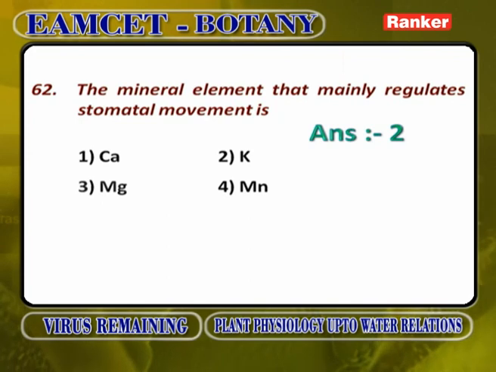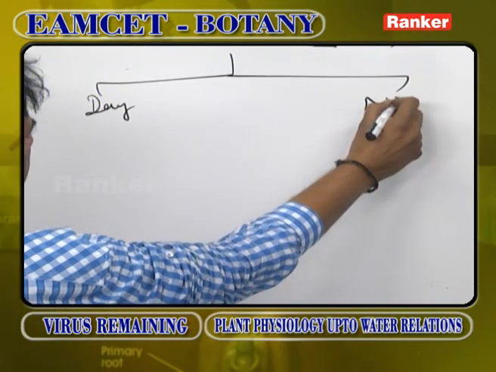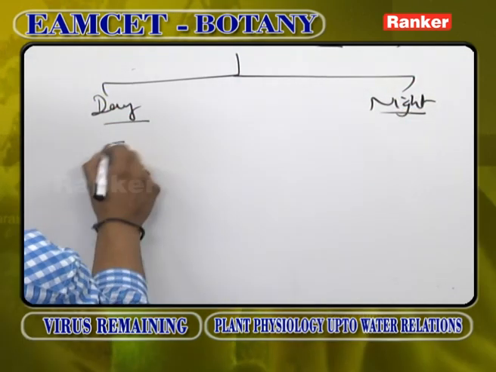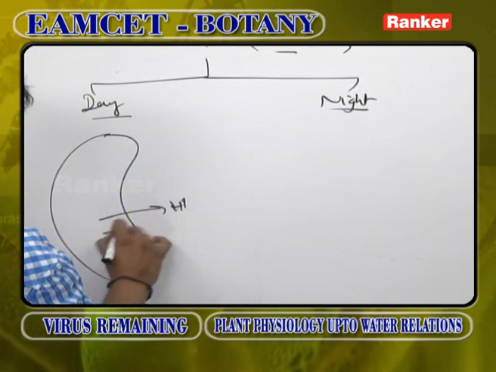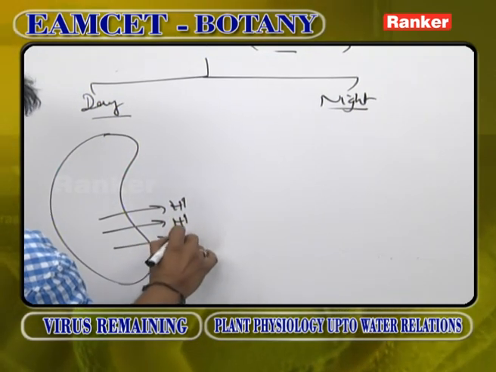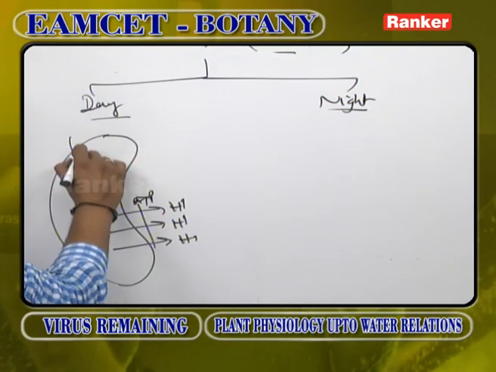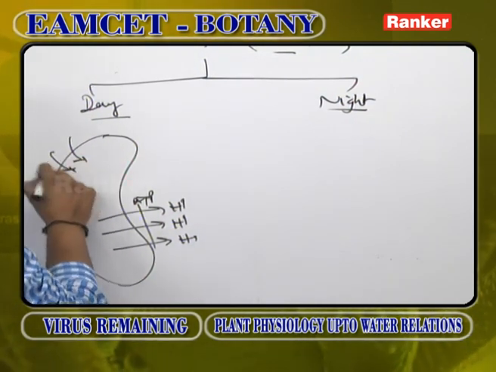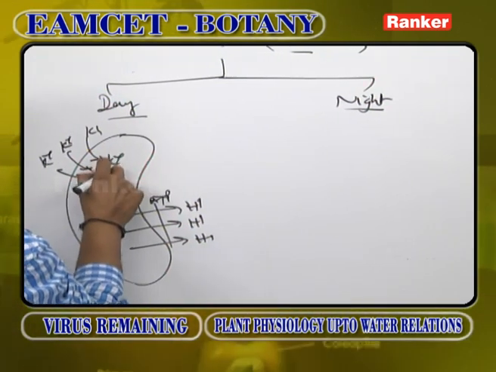The mineral element that mainly regulates stomatal movement. Stomatal movements are different during daytime and nights. During daytime, what happens? The protons move out by utilizing ATP, an active process. When protons are moving out, K plus ions in the surroundings enter the guard cells.